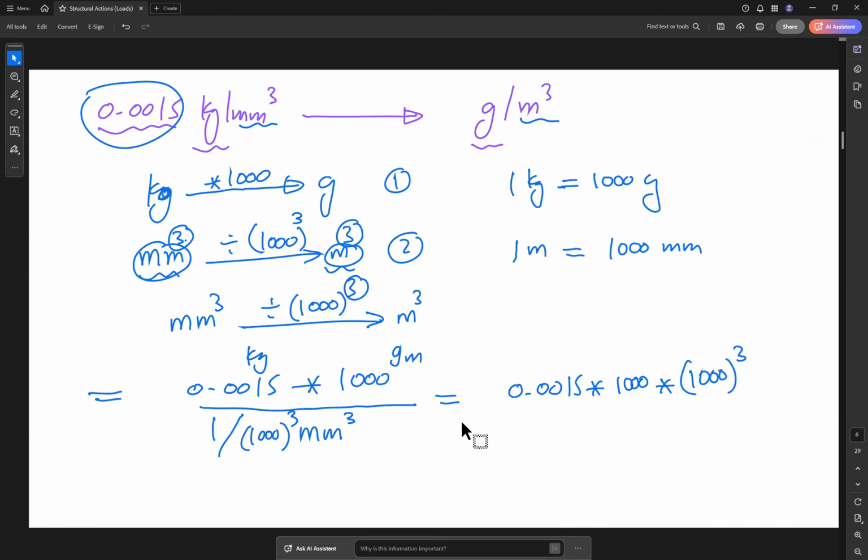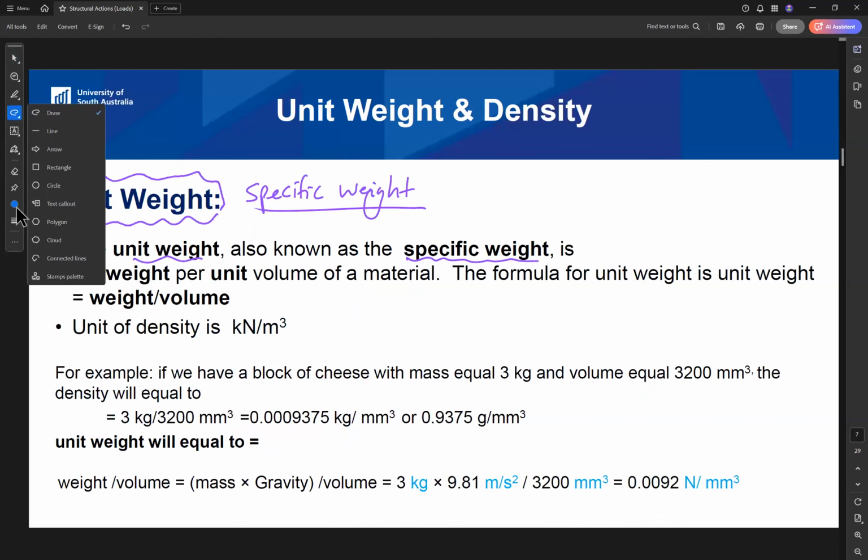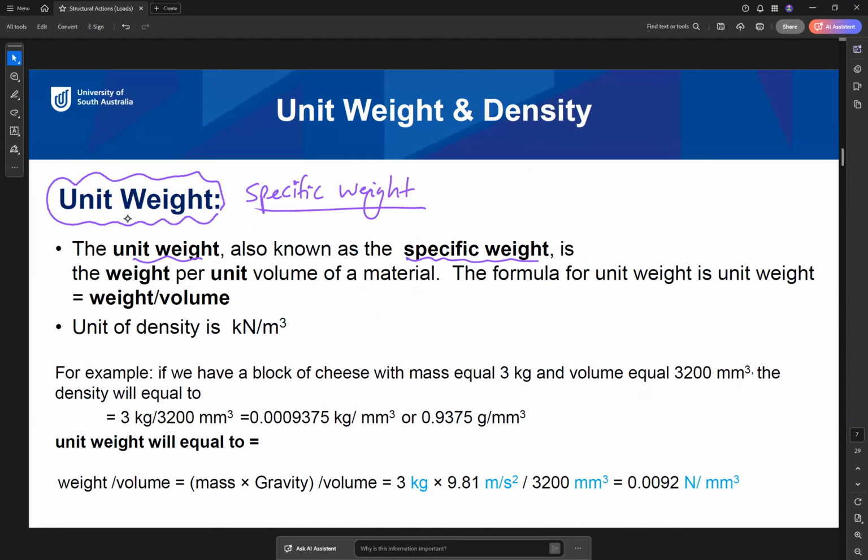So this is for the conversion, and then let's go back to our second concept we need to know today, the unit weight or the specific weight. What is the meaning of the unit weight or the specific weight?